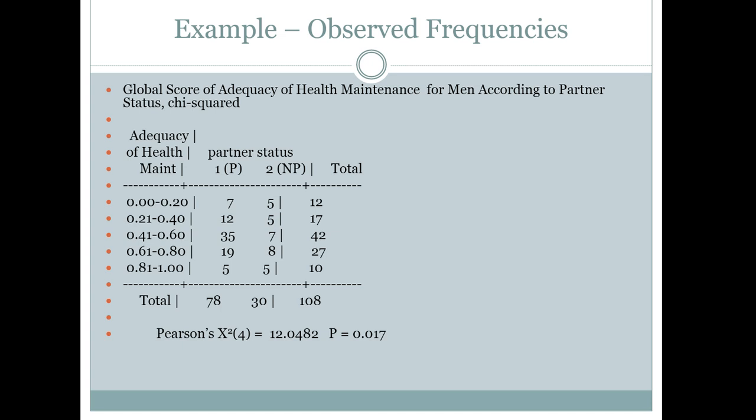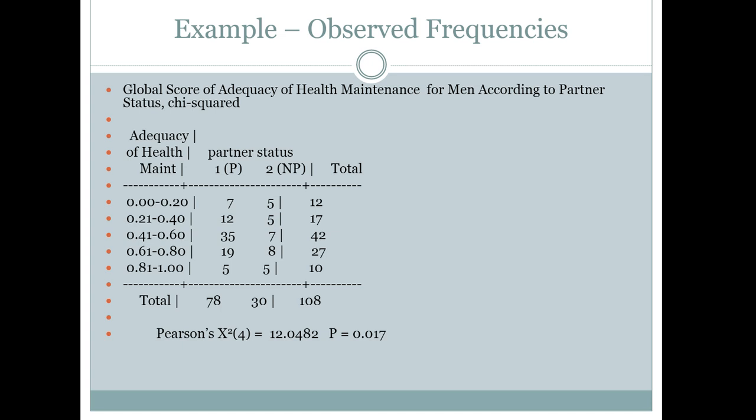We wanted to know whether there was, remember, in a chi-square test of independence, because this is now looking at categorical variables, at least a minimum of two categorical variables: my dependent variable, which is the adequacy of health maintenance, and then my independent variable, which is the partner status for men.